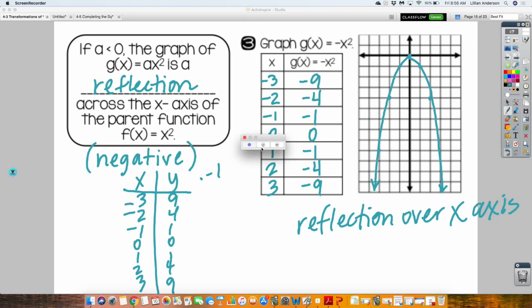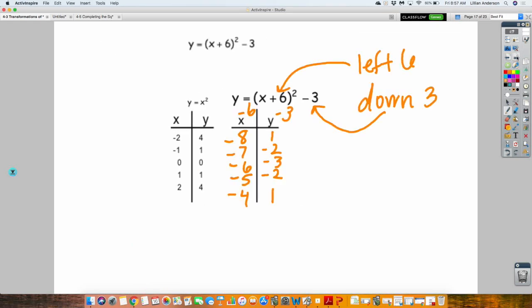I want you to first describe the different types of transformation. Is it compressed? Is it stretched? Is it a reflection? Is it moving left, right, up, or down? And then, of course, associate the numbers with it. After that, I want you to complete the table.